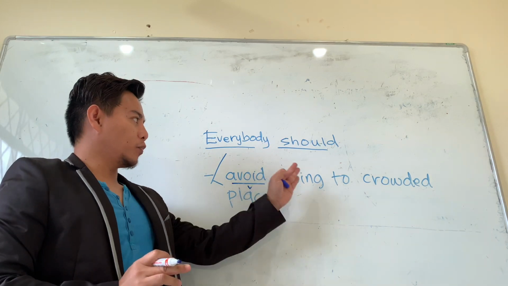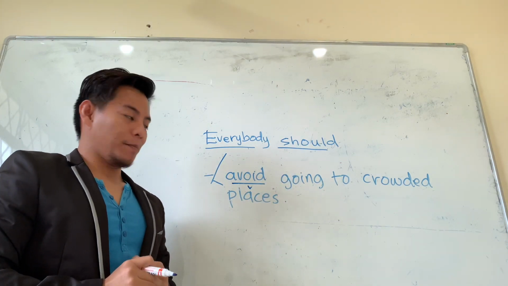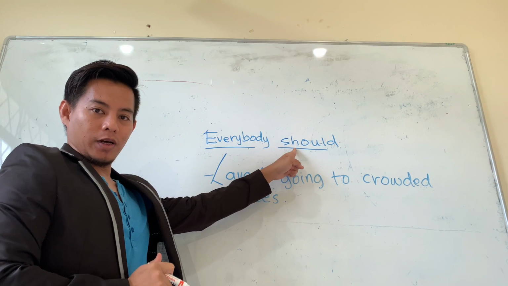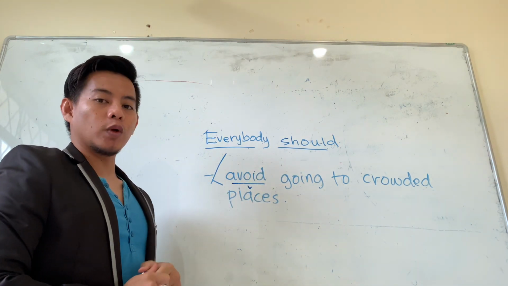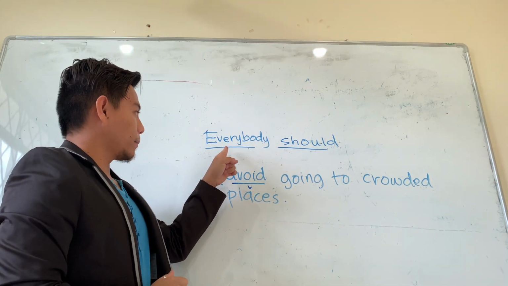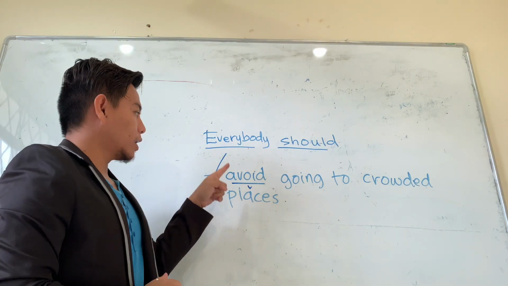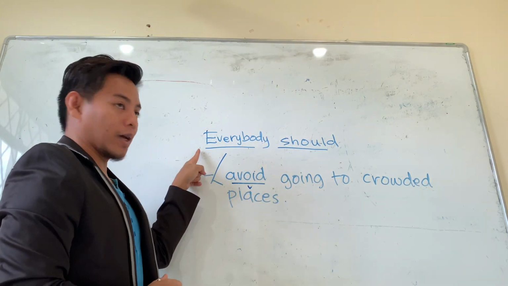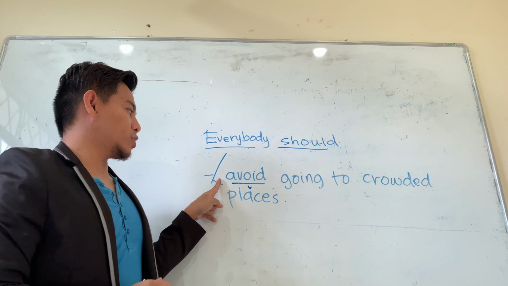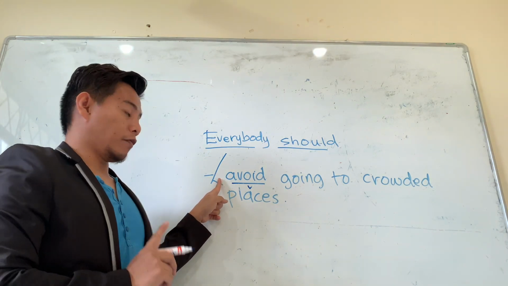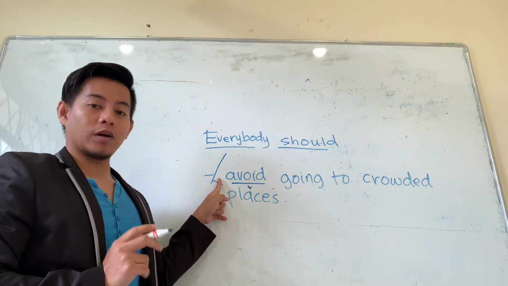Why do we have to put the modal verb there? Without the modal verb, it will become everybody avoid going to crowded places.